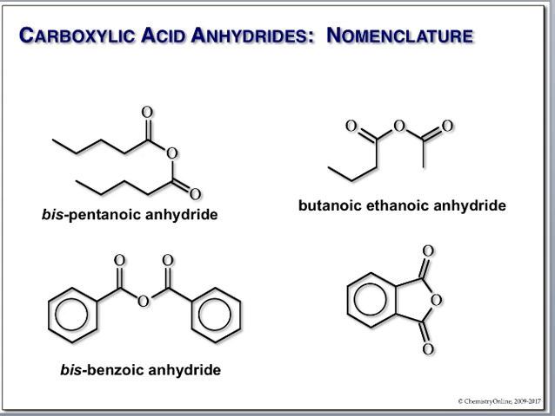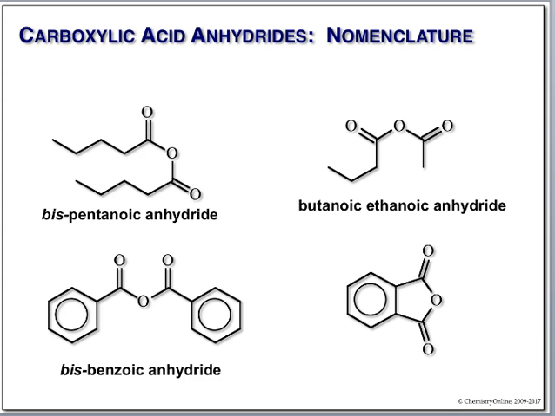Now this last one really challenges all the rules. In order to name this in an acceptable way, you could do it the really hard way, which we won't, or you could do it the easy way.